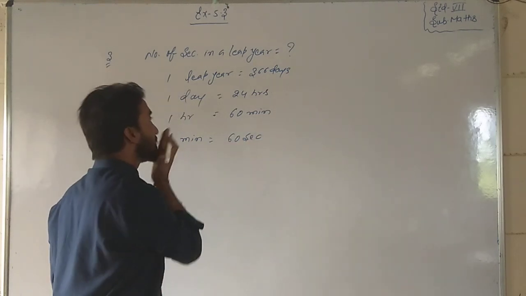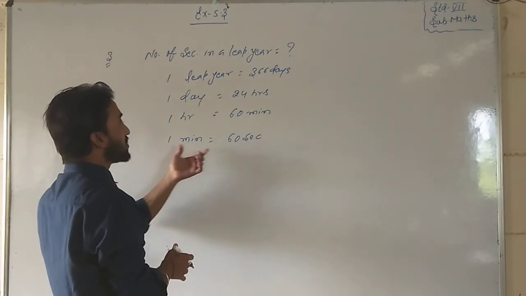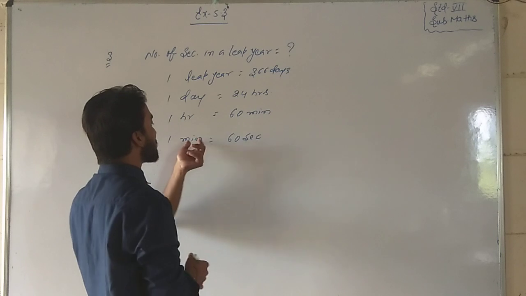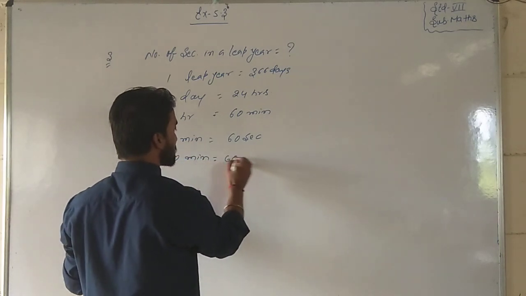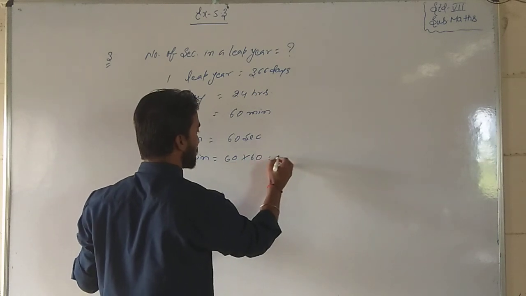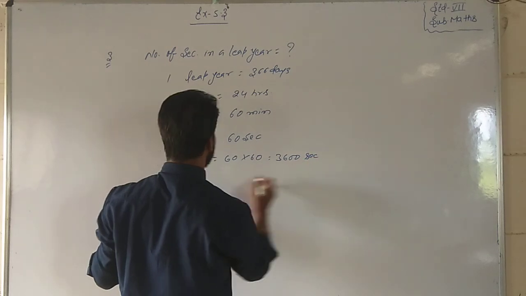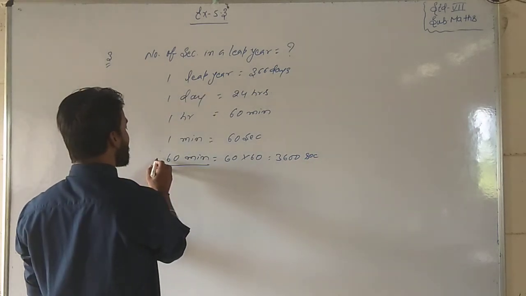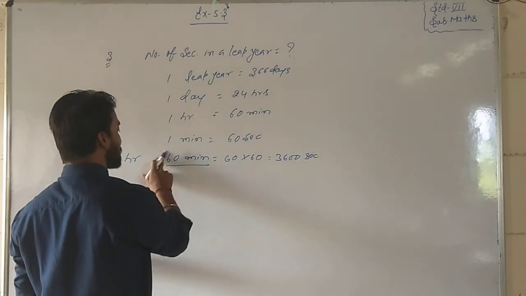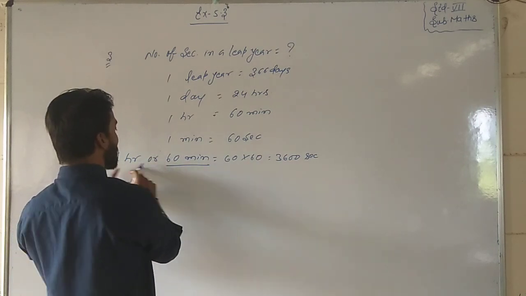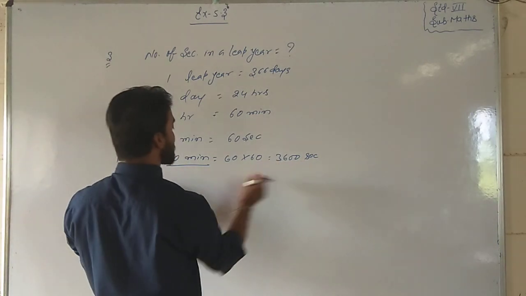See, students, now it becomes easy to calculate. 1 minute is equal to 60 seconds. Then 60 minutes is equal to 60 into 60, which is 3600 seconds. Can you write 60 minutes or 1 hour is equal to 3600 seconds?